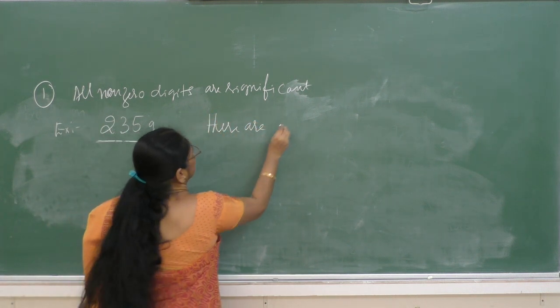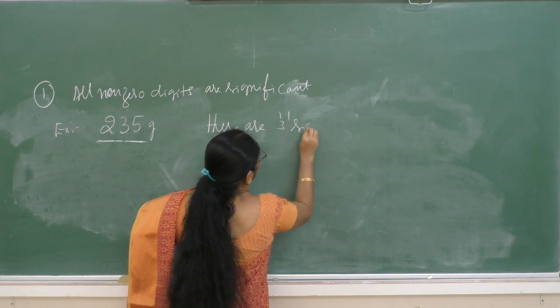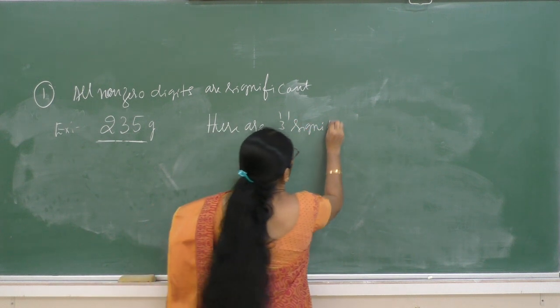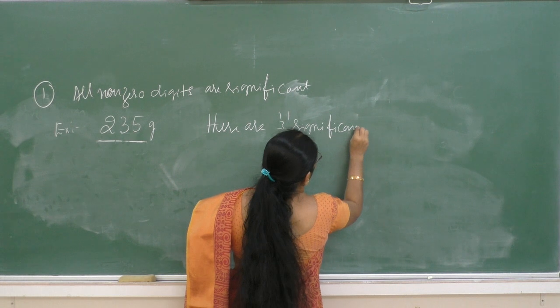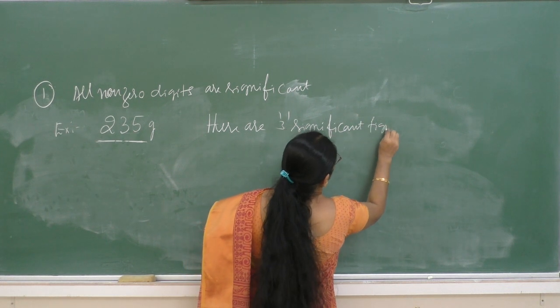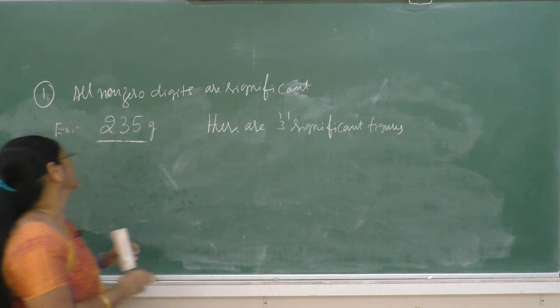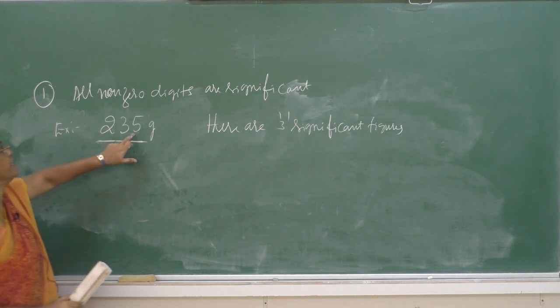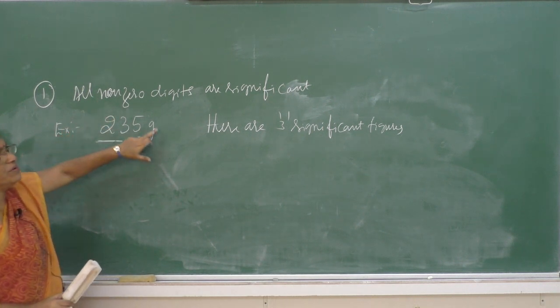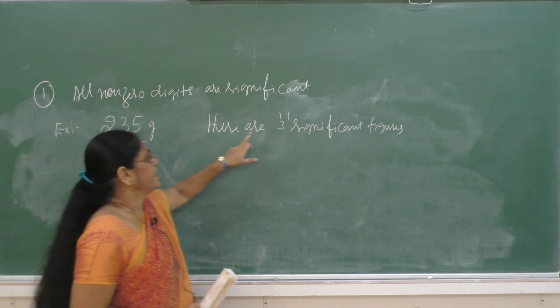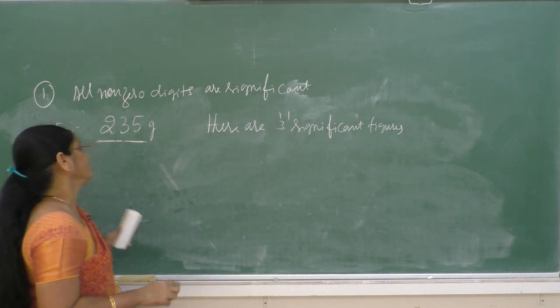There are 3 significant figures. In this number, all the digits are non-zero, so therefore there are 3 significant figures.